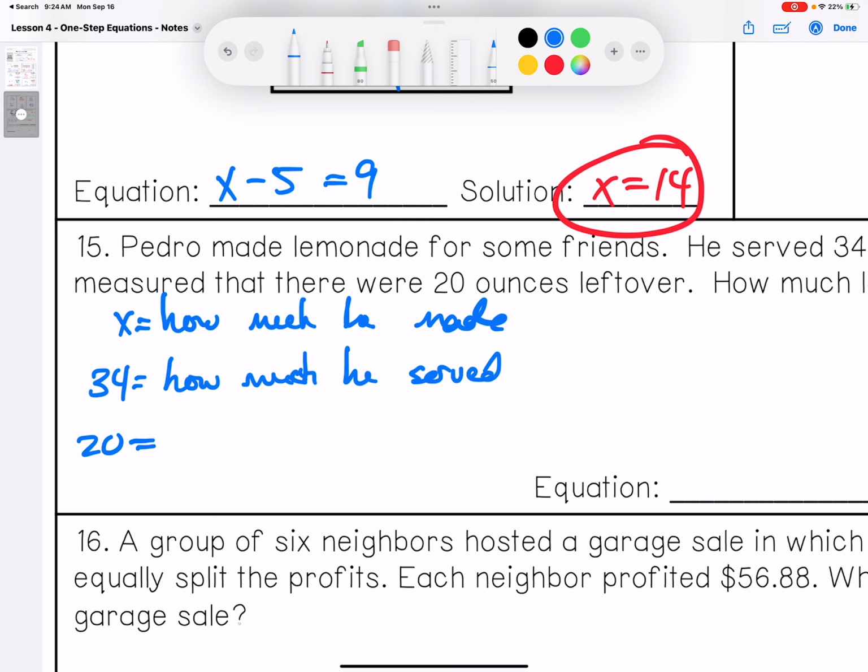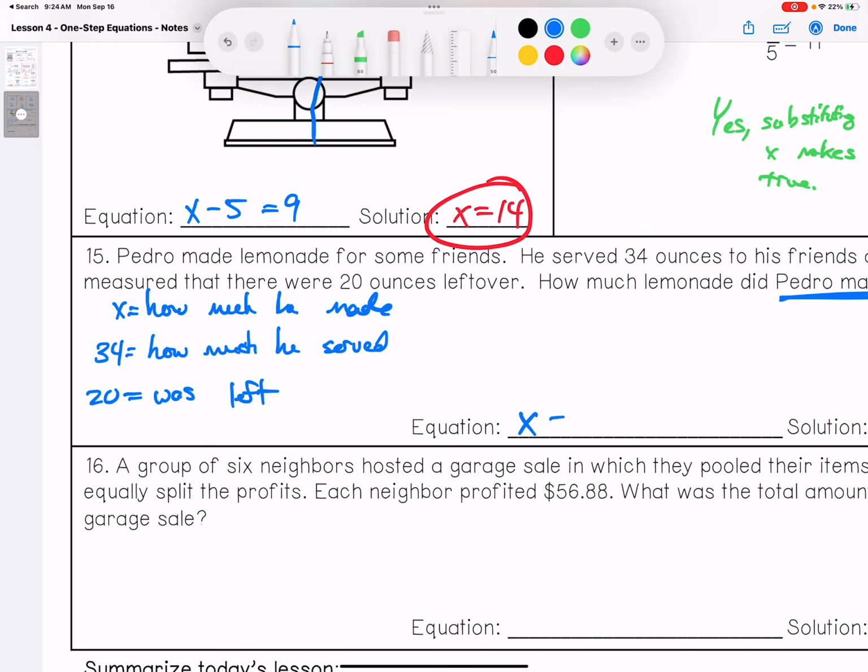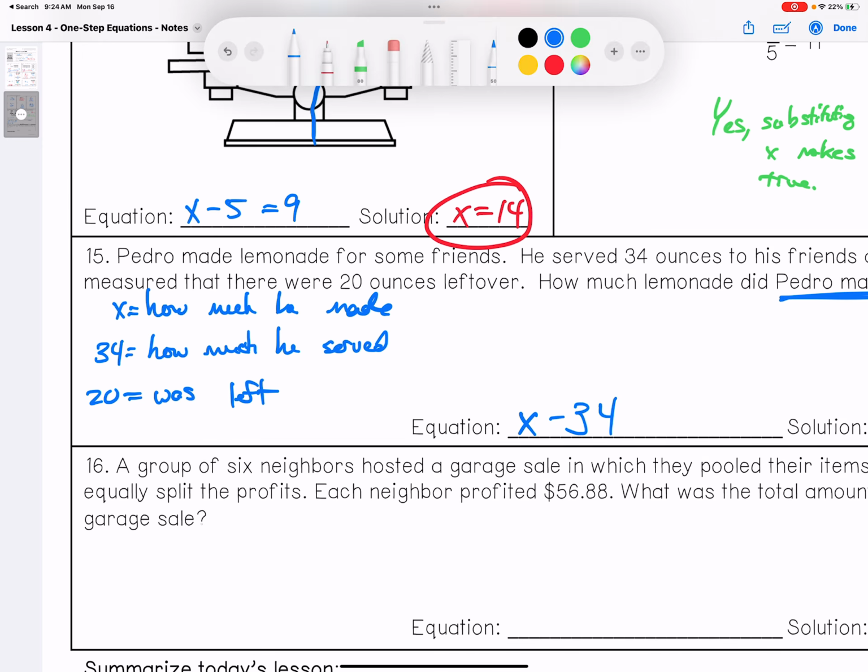And 20 was left. So how would we do that? Well, how much he made, which is x, minus what he served, equals what was left.